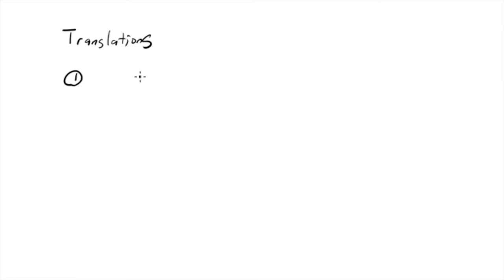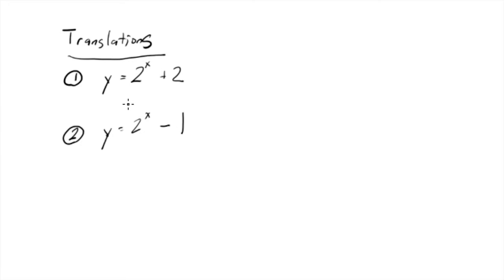The first case we have is when we have the function, again, 2 to the x, but then we add 2. And the second of this type is when we have 2 to the x, but we subtract a value, let's say -1. So in the case of this type of translation, we are adding something to the function.